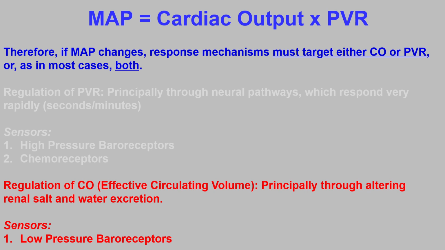The sensor mechanisms for that are what are called low pressure baroreceptors, which are nerve endings that are located in a segment of the circulation that is sensitive to intravascular volume. That segment is the right atrium and the inferior and superior vena cava.